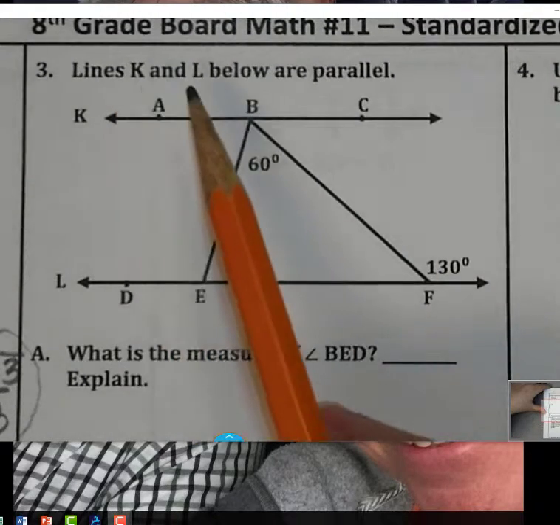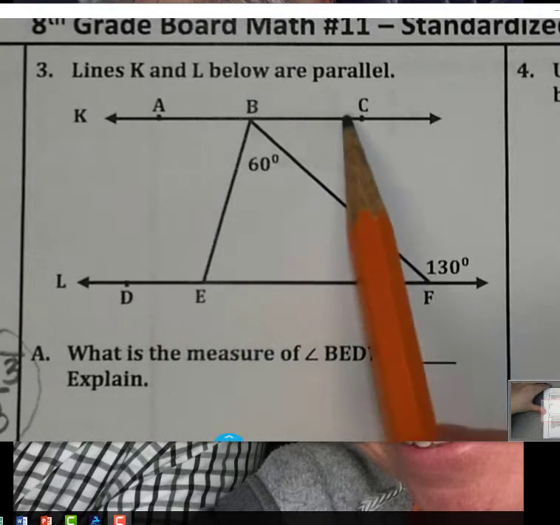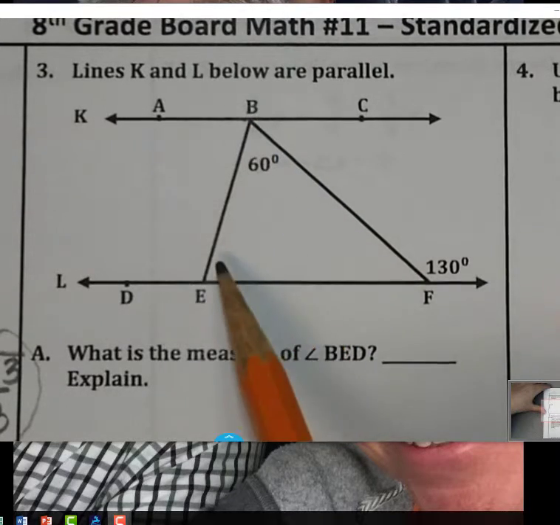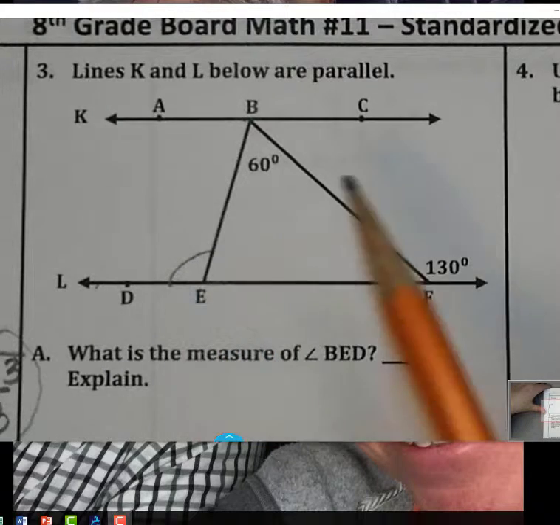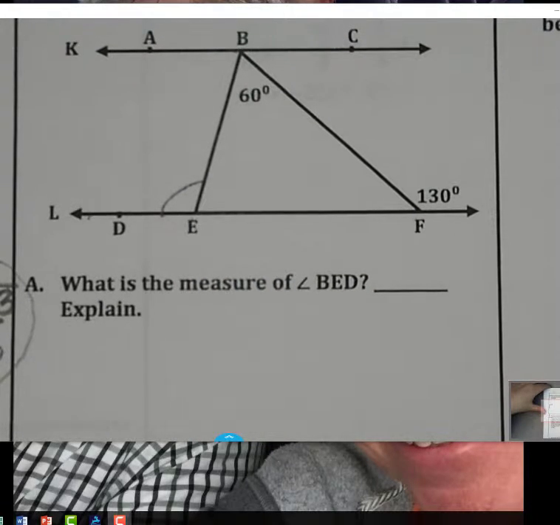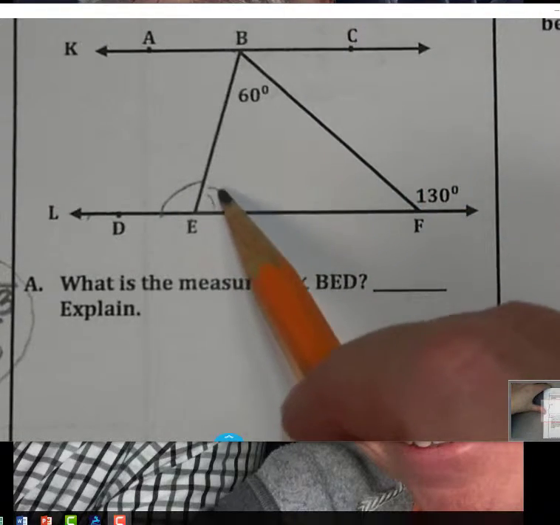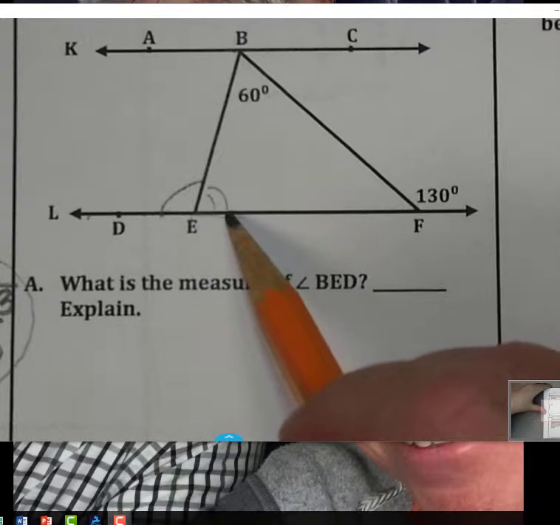Okay, it says lines K and L below are parallel. So these two are parallel to each other. And then it asks what's the measure of BED. So it's asking for the measure of this angle. There's different ways we can approach it. What I'll do is I'll figure out this angle right here, and I say that this is a straight line, right?